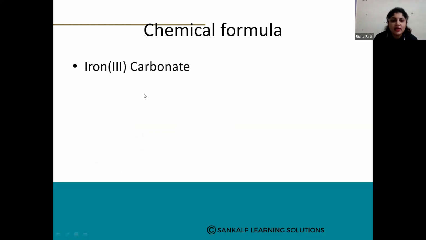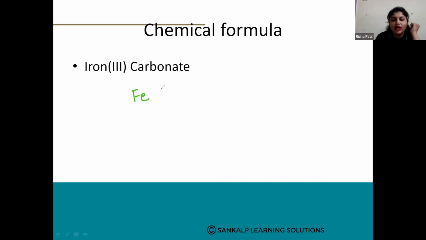Next is iron carbonate. The symbol for iron is Fe.